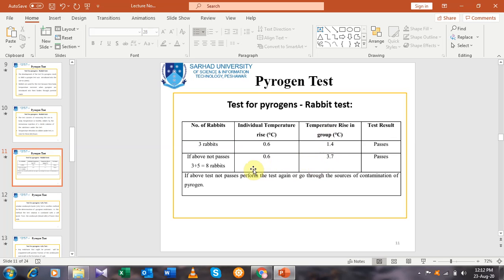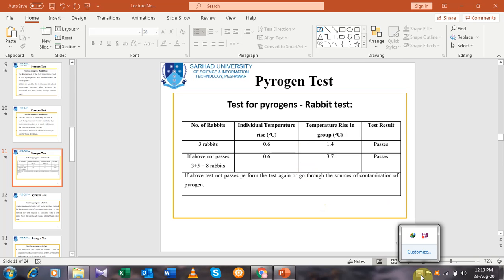If the above test does not pass, then we will perform the test again, or we will go through the sources of contamination of pyrogen. We will point out and evaluate the different chances or sources of contamination, and we will control the contamination from there. Otherwise the test for pyrogen will not pass and the product will be rejected.